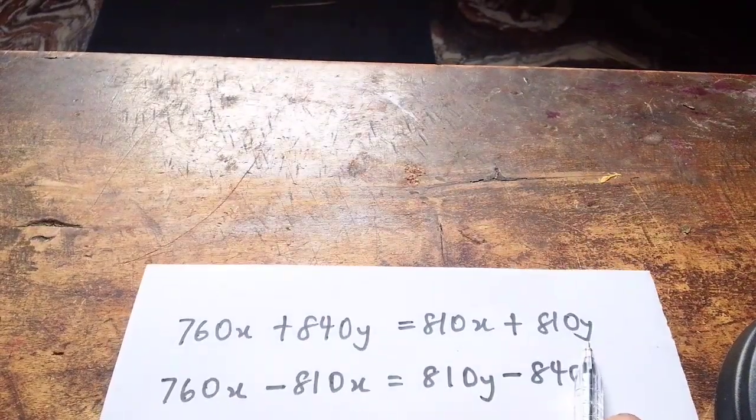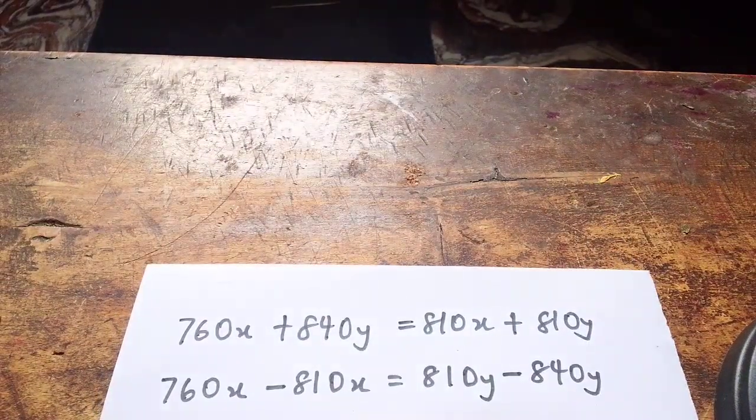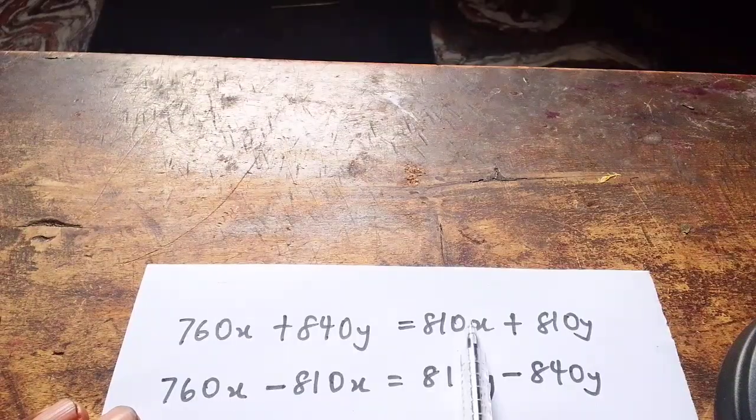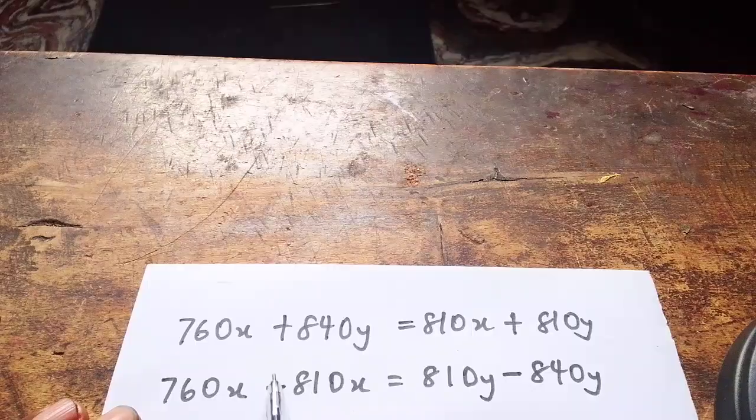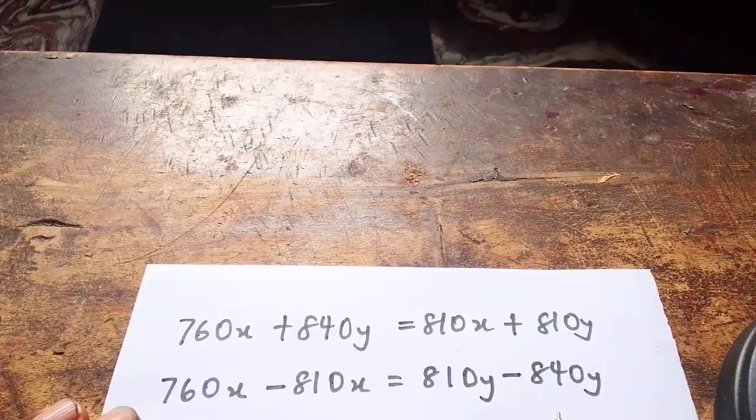So from here you are going to collect like terms. 760X, this 810X, bring it to this side, it will now be minus 810X. Equals, here we are having 810Y, this is plus 840Y, bring it to this side to cross the equality sign. When plus crosses the equality sign, it turns to minus 840Y.